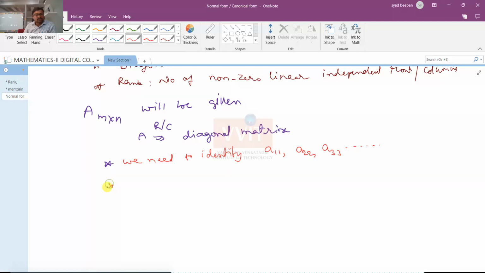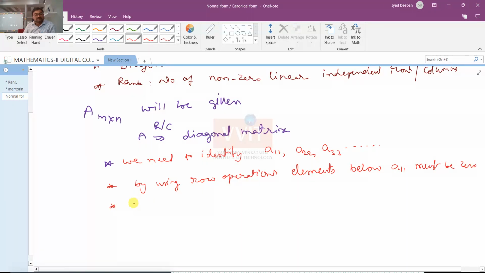Then by using row operations, the elements below A11 must be 0.